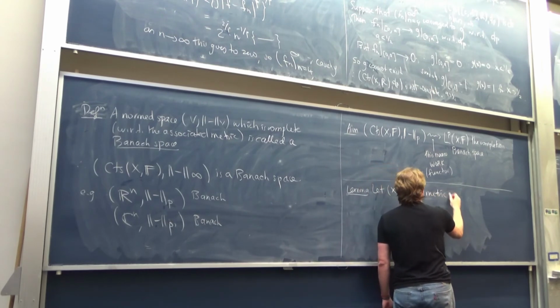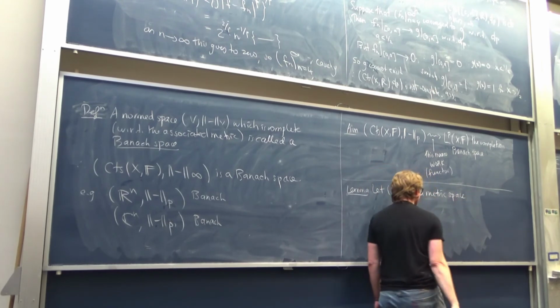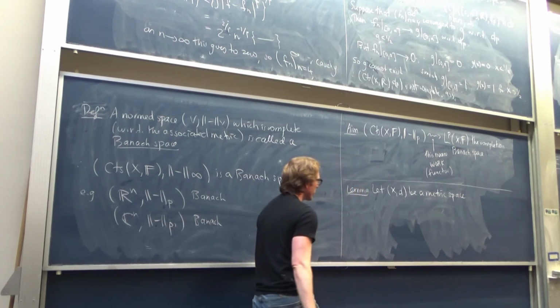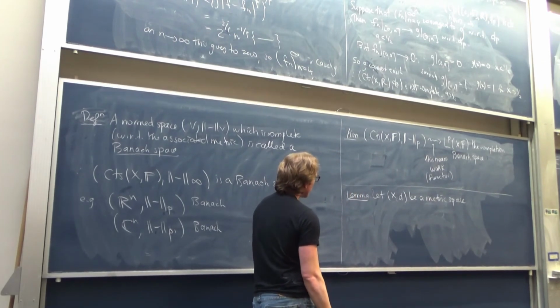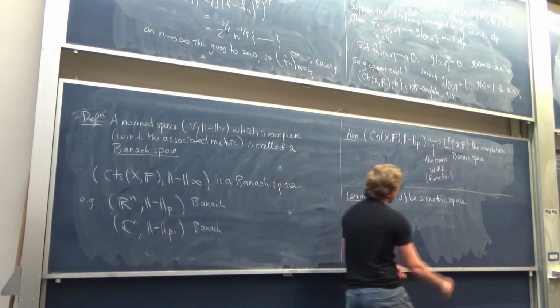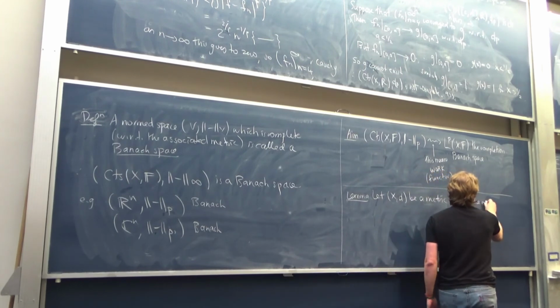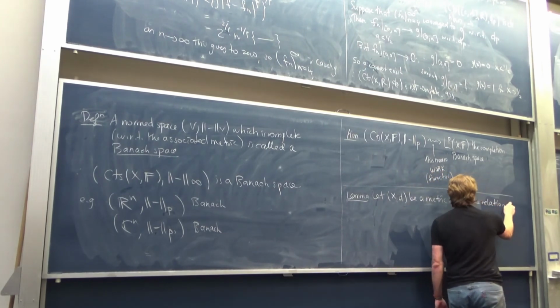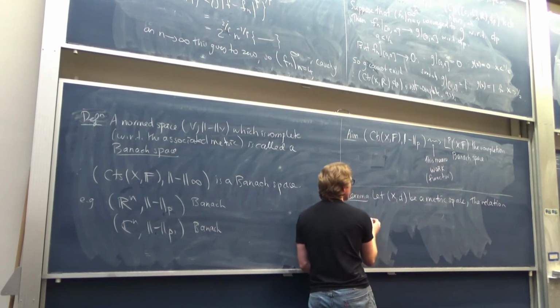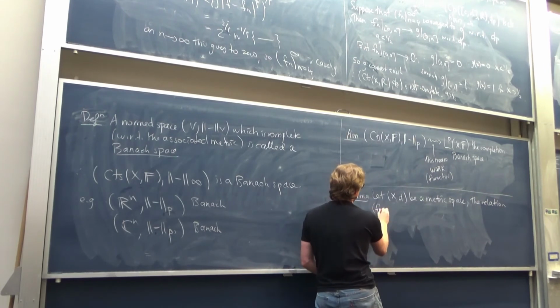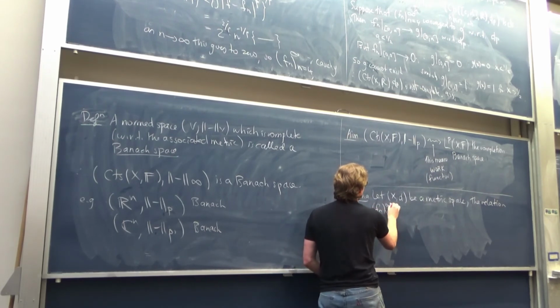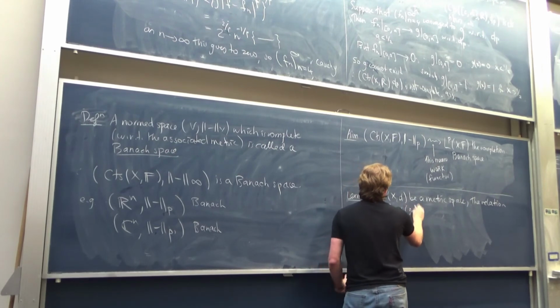I'm going to be brief with this lemma because we've seen something essentially equivalent in a tutorial already. So take a metric space. Then I can consider Cauchy sequences in a metric space, say f and g.